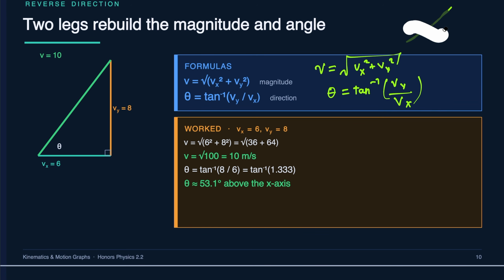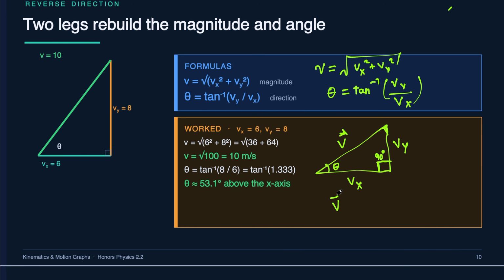So, for example, if you look down here, if I had a vector V, we know that this is Vx, this is Vy, the components of V, right? How far V moved in the x direction and how far it moved in the y direction. So if you use the Pythagorean theorem, because we know this is a 90-degree angle, and we know this is theta, you can say that V squared is equal to Vx squared plus Vy squared, right?